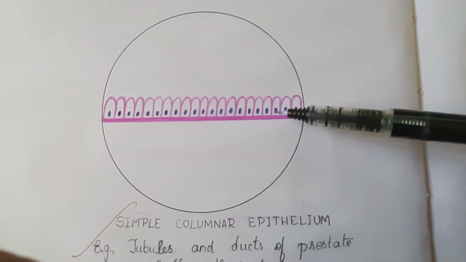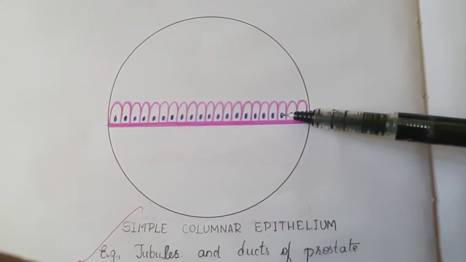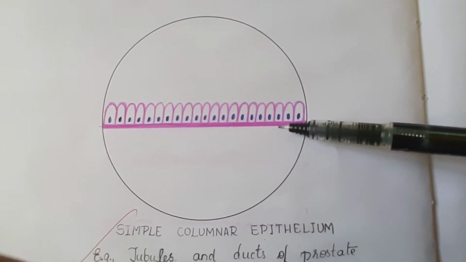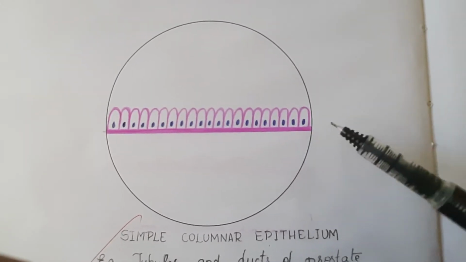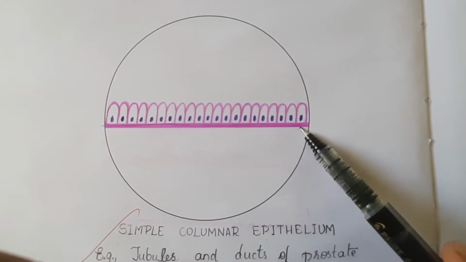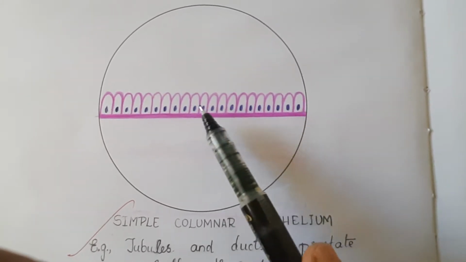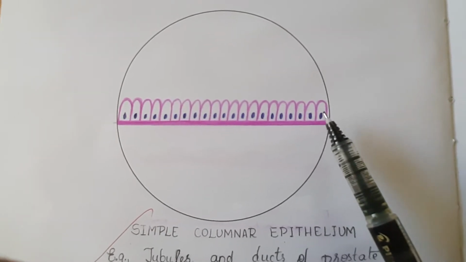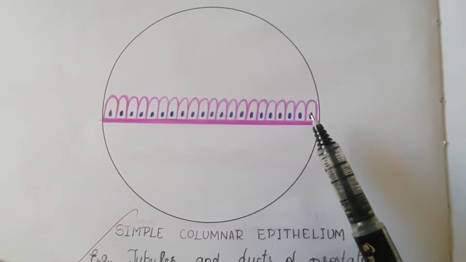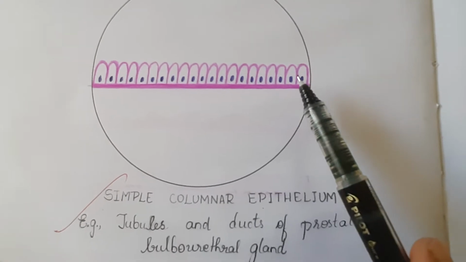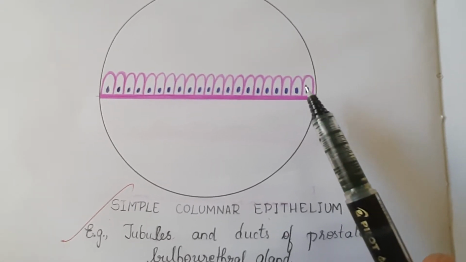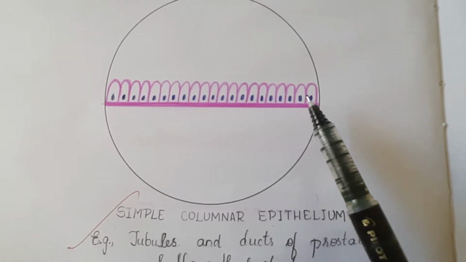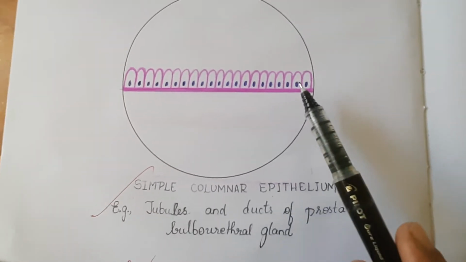The width is less and the height is more, so it appears like a column. The nucleus is spherical and present near the basement membrane. Here is the basement membrane, with a single layer of tall cells where the height of the cell is more than the width. That is called a simple columnar epithelium. The stomach is lined by the simple columnar epithelium.